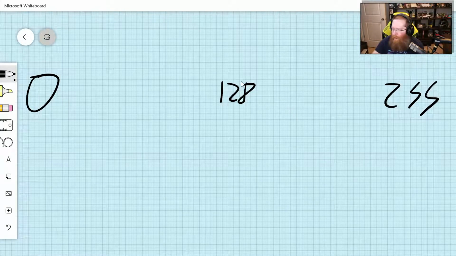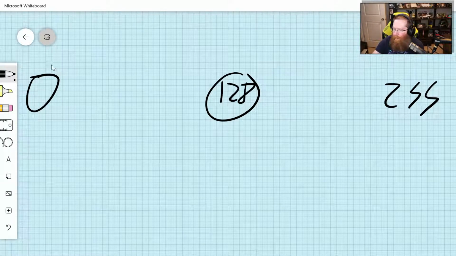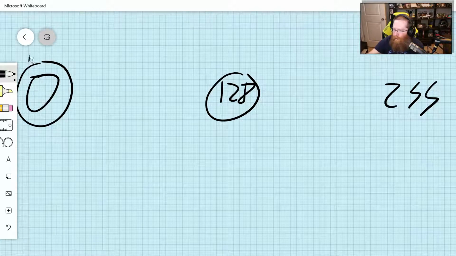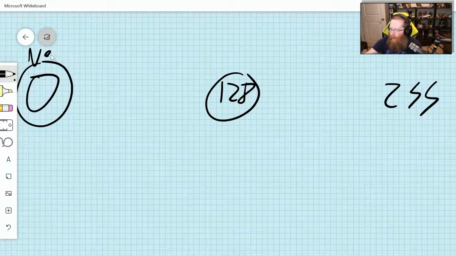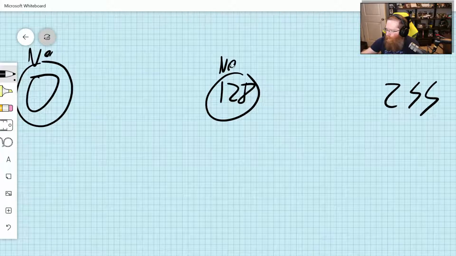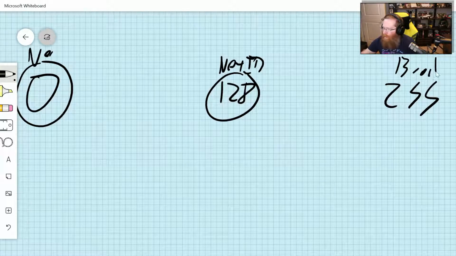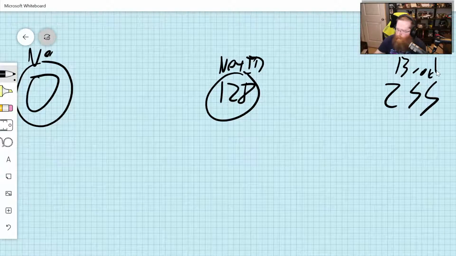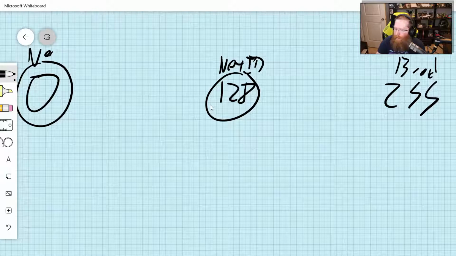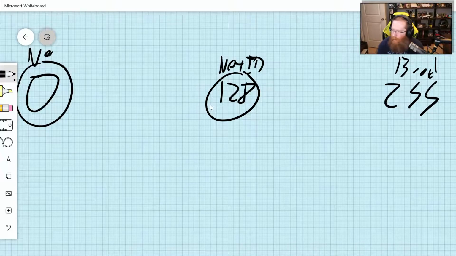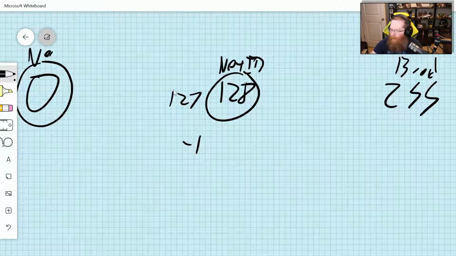So we know 128 was the start of the second network, and 255 is the broadcast of the second network. So all we have to remember is when we're splitting, we still have to have a broadcast address for the first network. It's just -1, 127.